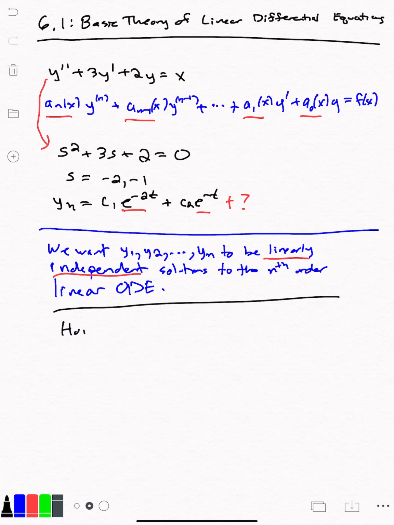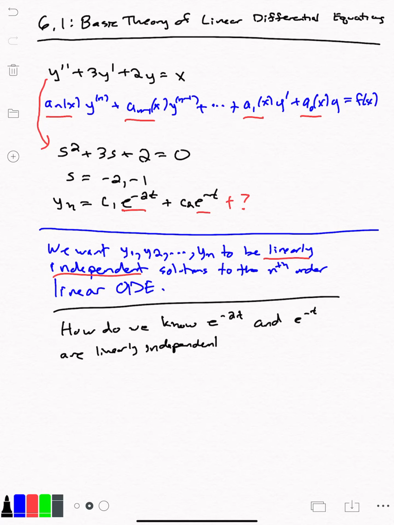How do we know e to the -2t and e to the -t are linearly independent? Because if they were dependent, then we would not actually be done solving the problem. And it turns out there's a really straightforward way that we can check this.